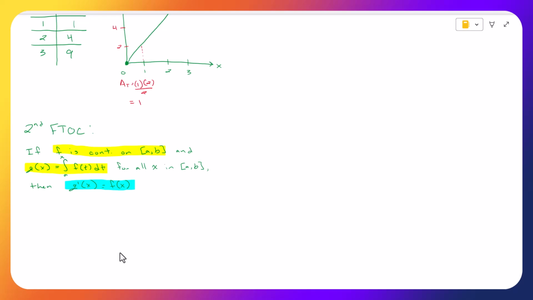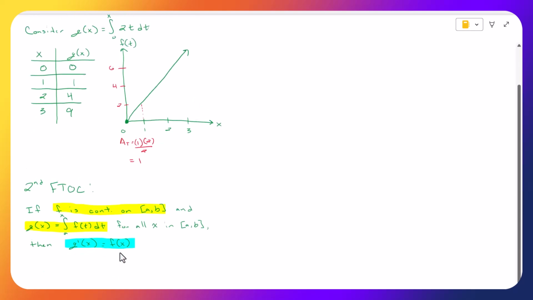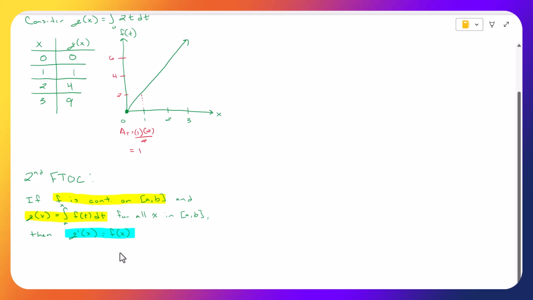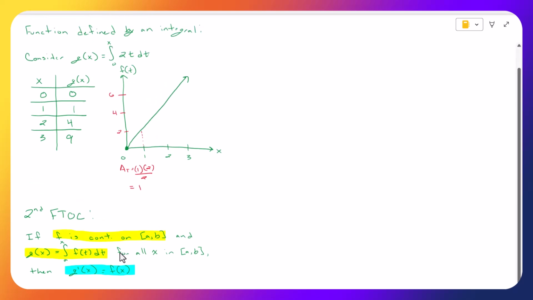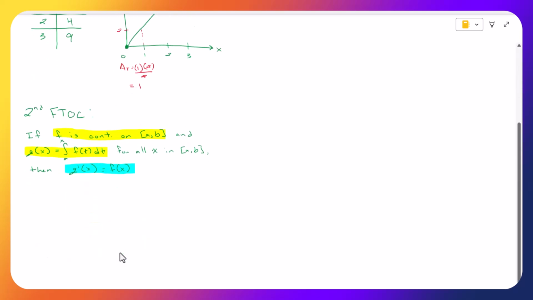So if I were to go back to my example up here, g of x equals the integral from 0 to x of 2t dt. And I want to differentiate this function, so I say d over dx of g of x equals the integral from 0 to x of 2t dt.